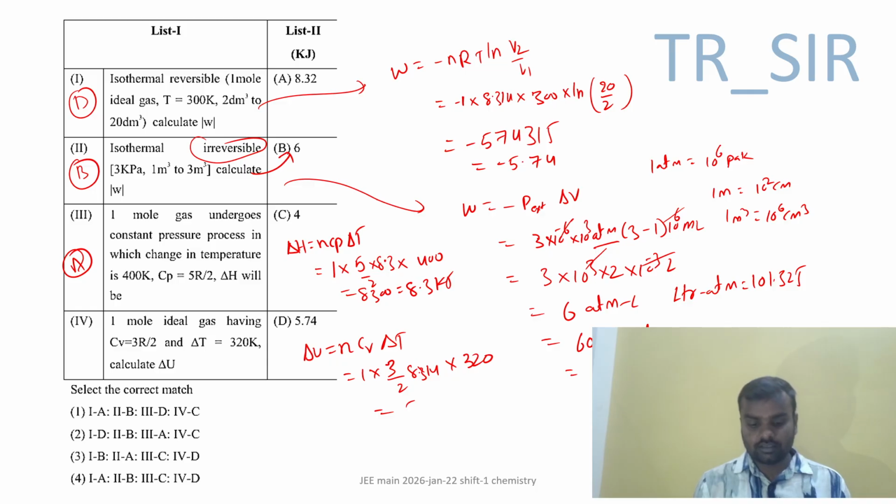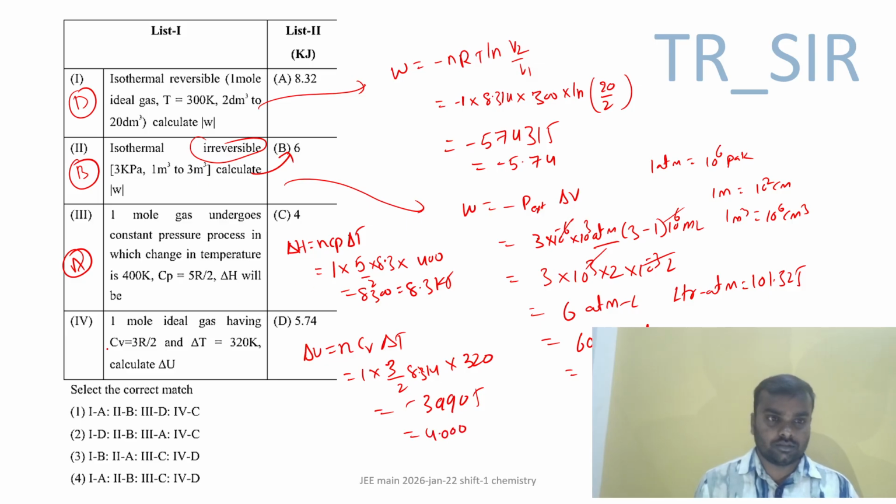So you're getting 3990 joules. Convert into kilojoules, approximately 4000 will come. That means 4, so this will be C. So D, B, A, C. That is option B is the right answer.